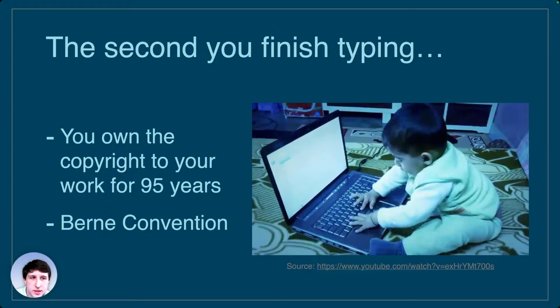That's true in most countries in the world which have signed on to what's called the Berne Convention. So when you finish writing a piece of software, you automatically have the copyright. Now, you can go a step further and submit it to the US government to have that officially registered, but you don't need to do that to obtain the copyright. You have the copyright immediately when you finish writing the software.